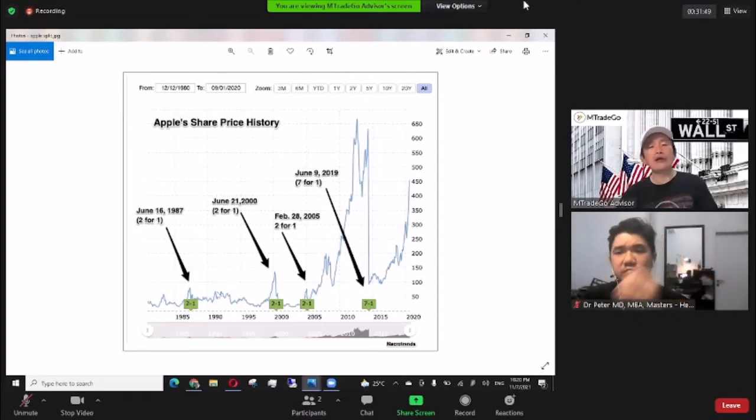You buy 100 shares, it becomes 200 shares, but the overall value is still the same. The $60 will become $30, meaning your $1,000 still remains $1,000. However, the shares you own will be double.